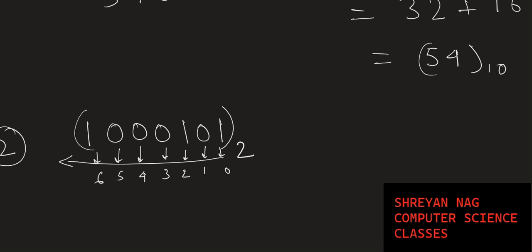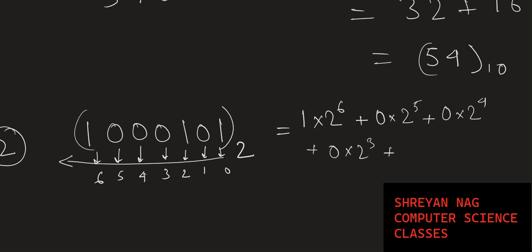So let us write 1 into 2 to the power of 6 plus 0 into 2 to the power of 5 plus 0 into 2 to the power of 4 plus 0 into 2 to the power of 3 plus 1 into 2 to the power of 2 plus 0 into 2 to the power of 1 and 1 into 2 to the power of 0.